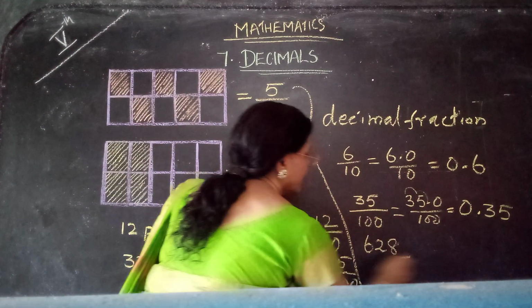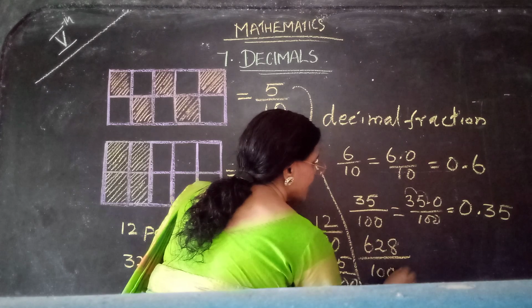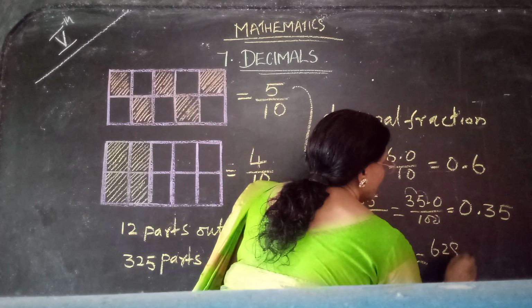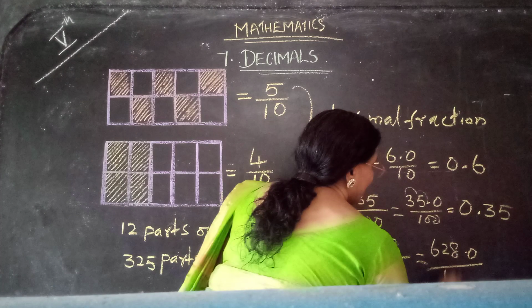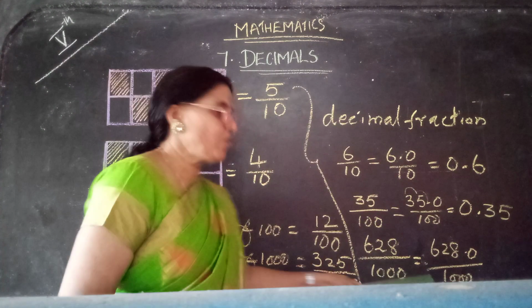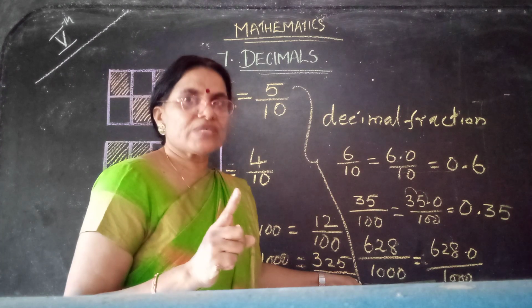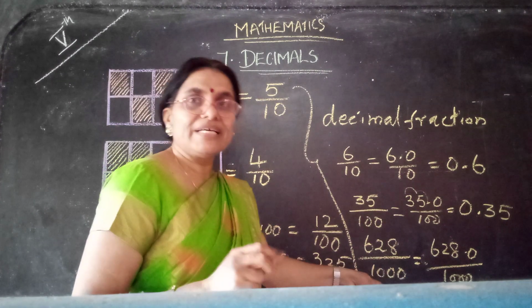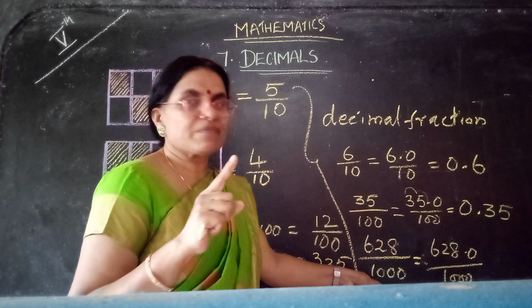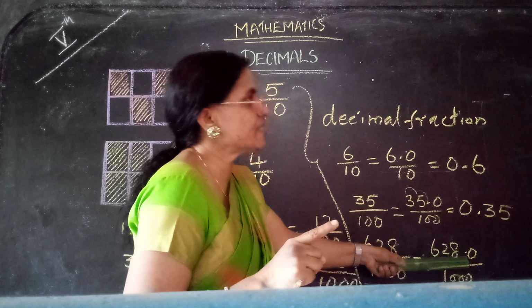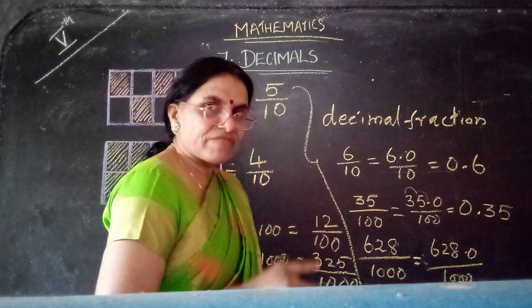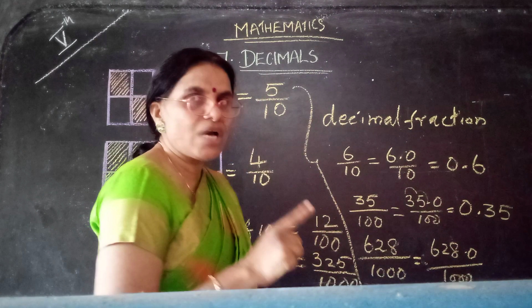Let us do one more example. 628 divided by 1000. Okay, write it. 628.0 divided by 1000. Okay children, see here what is the denominator here? 1000. How many zeros are here? 3 zeros. How many jumps then? 3 jumps. Okay, so this decimal point is going to jump to the left side 3 times. Let us see how is that?